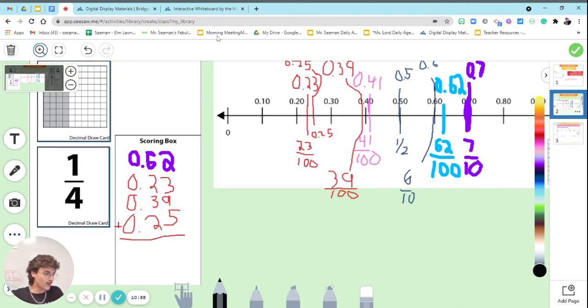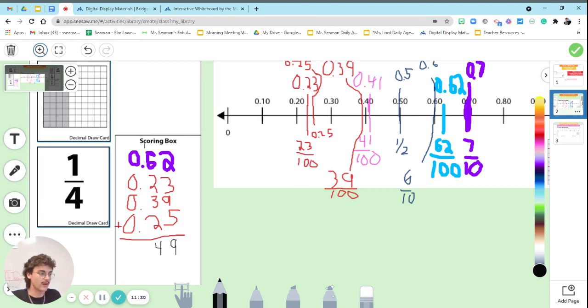Now let's go ahead and do the student score. 9 plus 3 is going to be 12. And then if we add 2, we get 14. Plus 5 is 19. So I'm going to write a 9, carry my 1. I'm going to have 1 plus 6 plus 2 plus 2 is 11, plus 3 is 14.